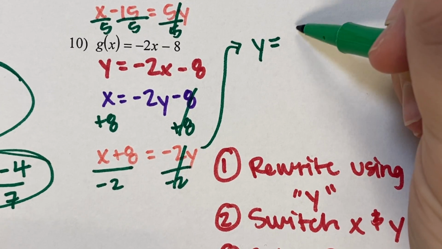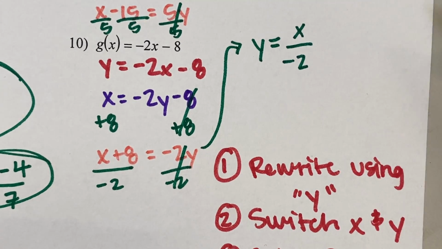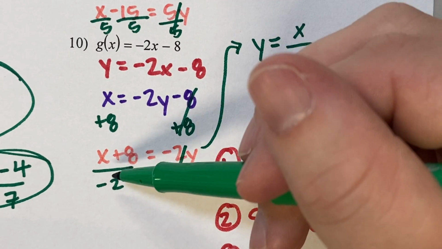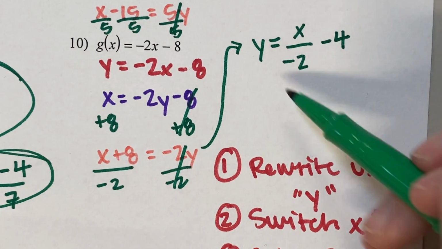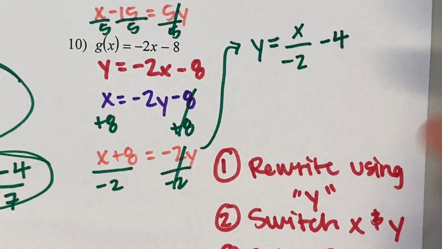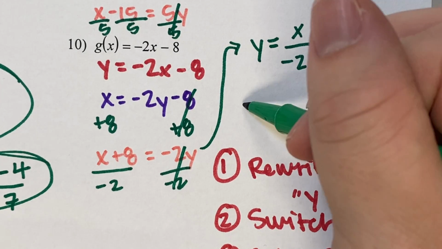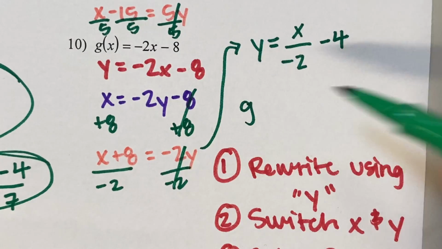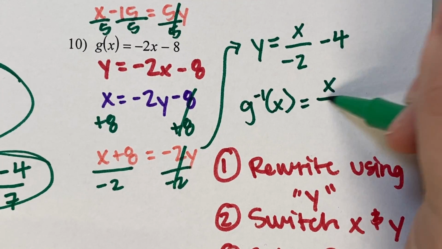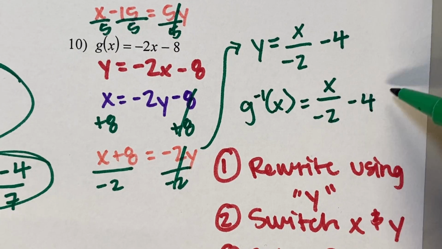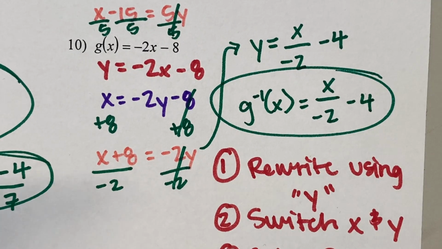Okay, so I have x over negative 2, which you can't reduce, but then 8 divided by negative 2 turns into negative 4. And the proper way we write this in your assignment is going to be, instead of y, it's going to be g, since it started as g. g little negative 1 of x equals x over negative 2 minus 4. And there we go.